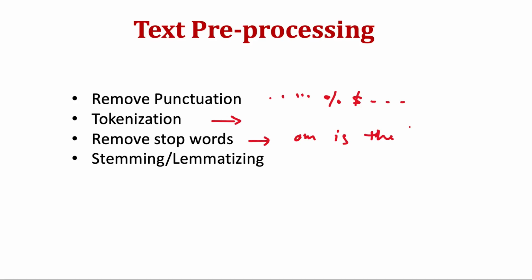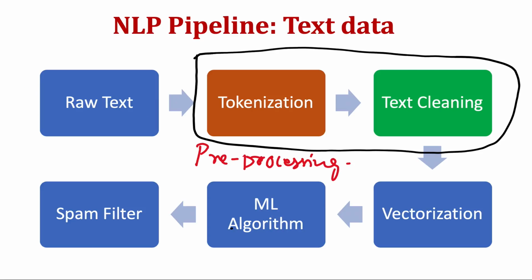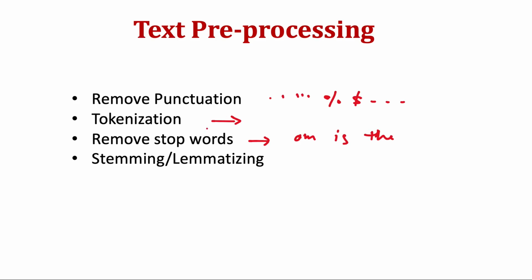So we get rid of them so that our ML algorithm has fewer words to work on. These stop words add on to the existing text, and so if we have a text of length, let's say 10,000, then after removing these stop words, it may get below 5,000. So the algorithm will have fewer words to work with, which are important.